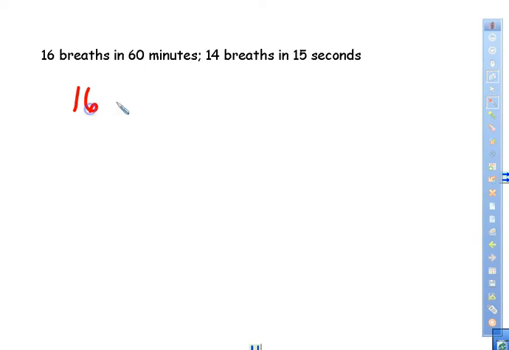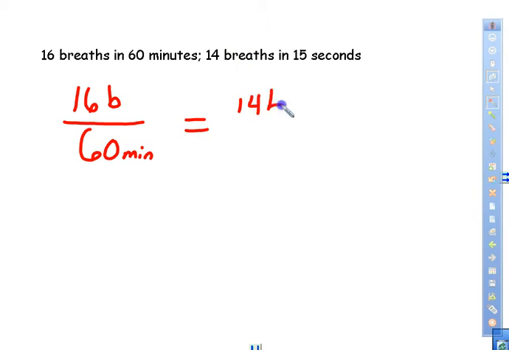So we have 16 breaths over 60 minutes equals 14 breaths over 15 seconds. Now the issue that we ran into is that we are looking at minutes and seconds.